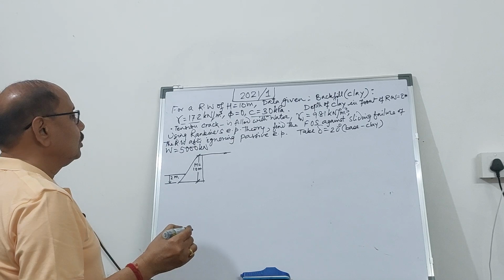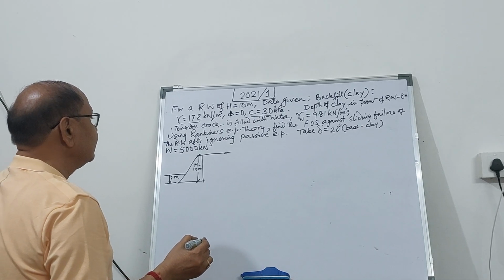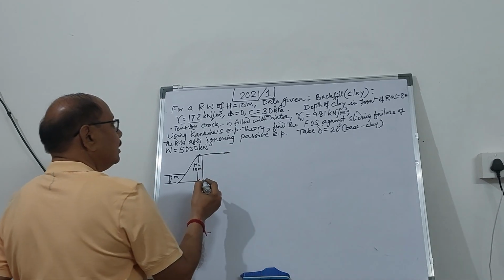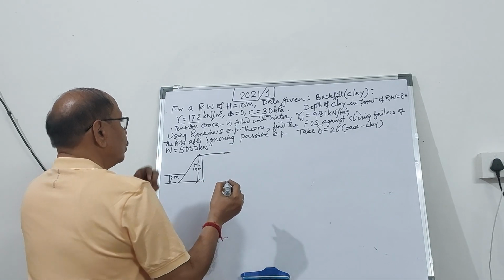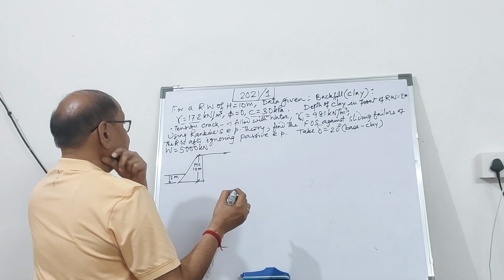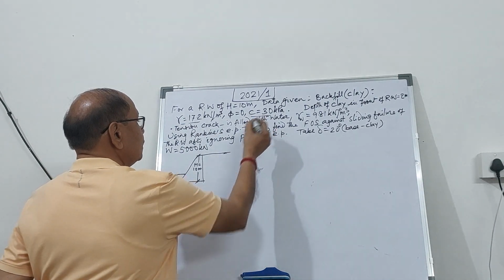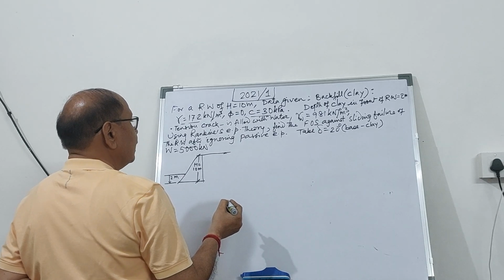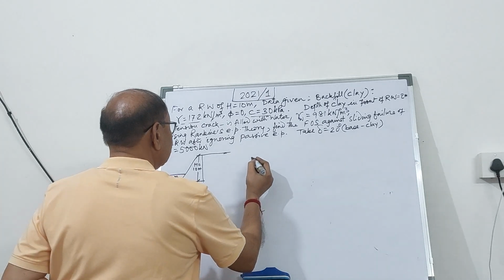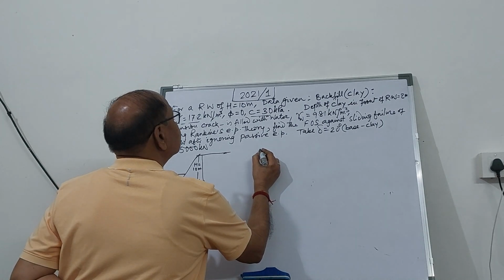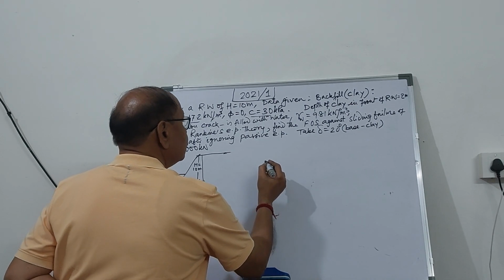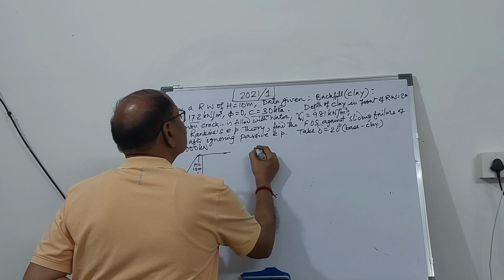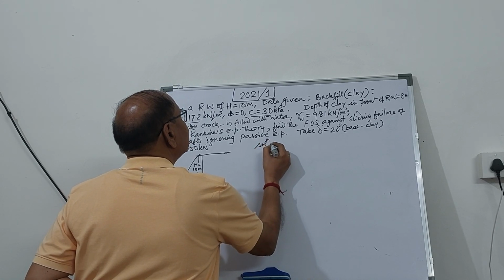Unit weight of water is given, and there is a tension crack also, which is filled with water. So the depth of tension crack you will have to find out, and because it is clay soil, the cohesion value will be needed. The solution of this problem is quite simple.